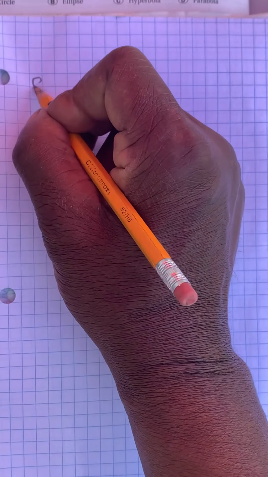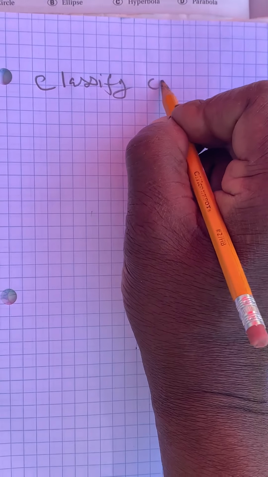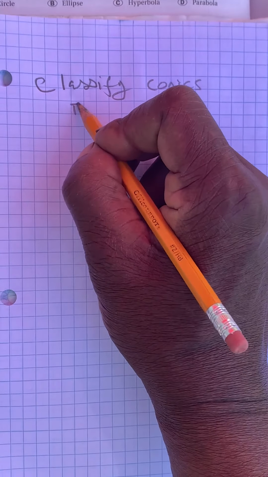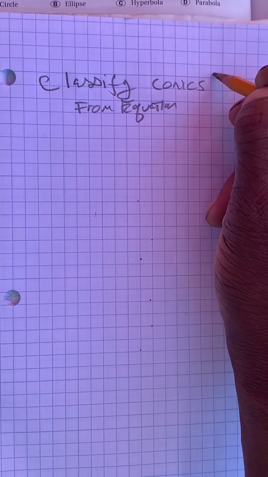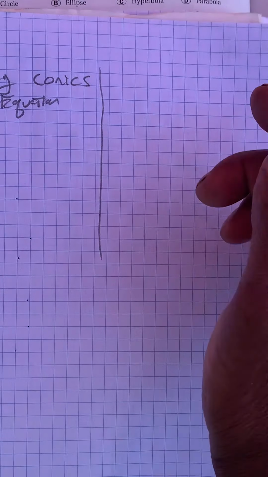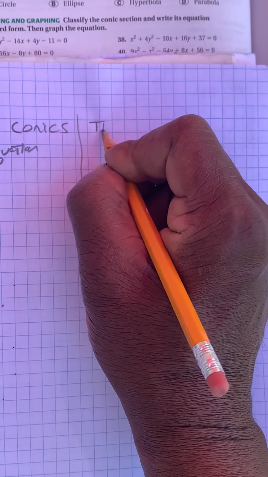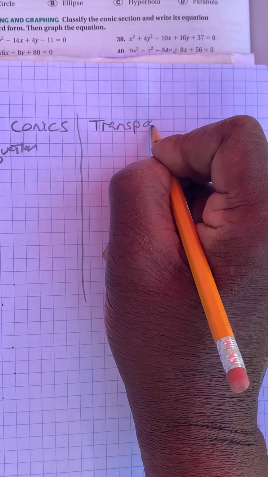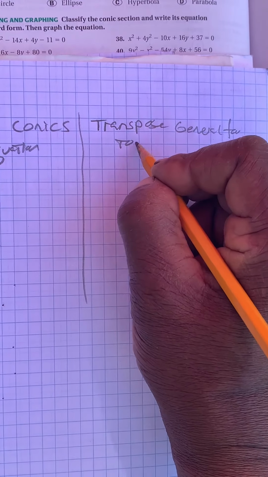For this exercise, the minimum thing I want you to be able to do is, A, classify conics from their equation, and B, transpose the equation, transpose general form to graphical form.